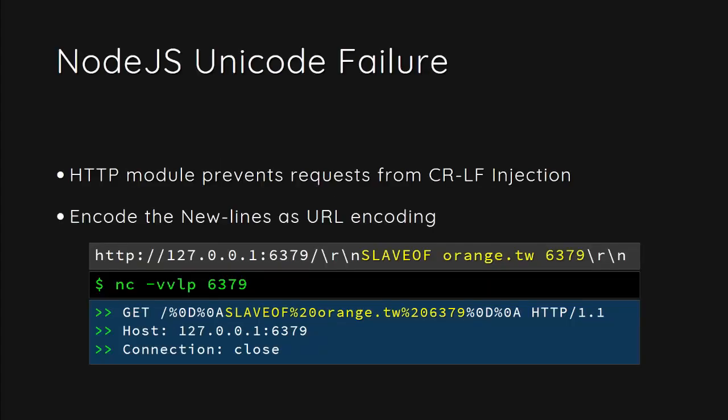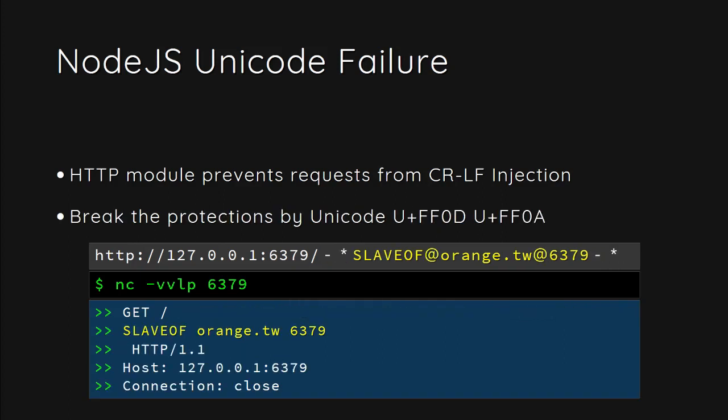What the hell? This technique can also be applied to protocol smuggling. Originally, the HTTP module prevents users from SSRF injection. The HTTP module will encode the newline as % encoding, so if we inject a newline in the path, our smuggling will fail.